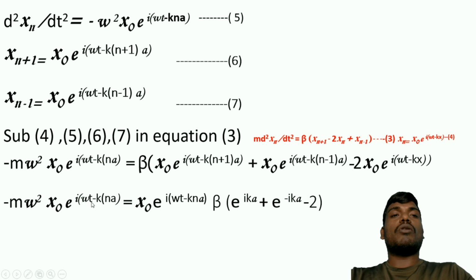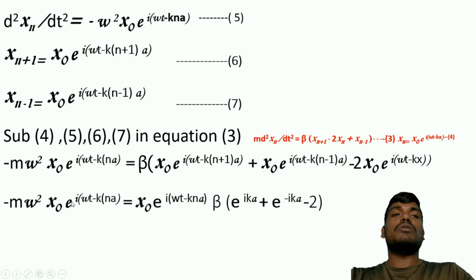x naught e to the power of i(omega t minus kna) is on both sides. The extra term is beta into (e to the power of ika plus e to the power of minus ika minus 2), taken into common.